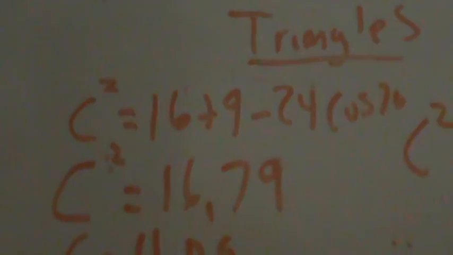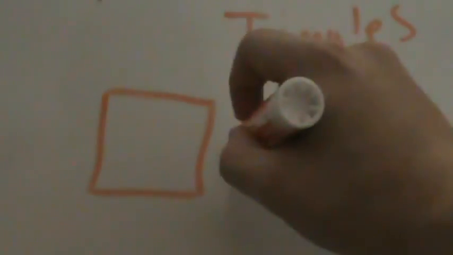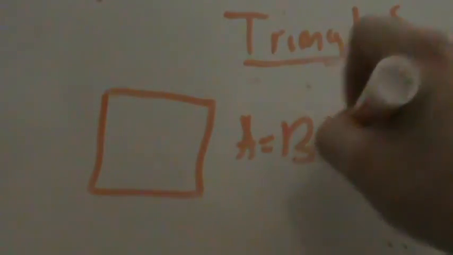So now I'll show you the two ways to write the area of a triangle. Well, if you have a square, let's say, right? You know that the area of this has to be base times height. So area of a square equals base times height.